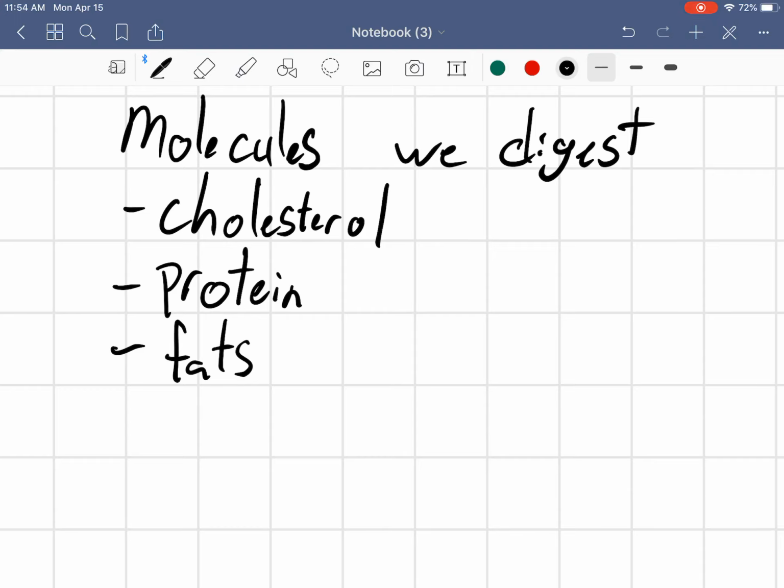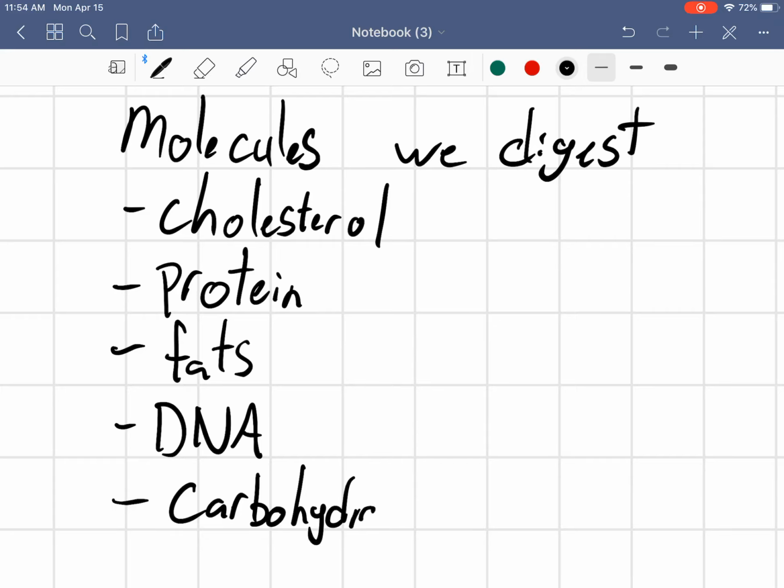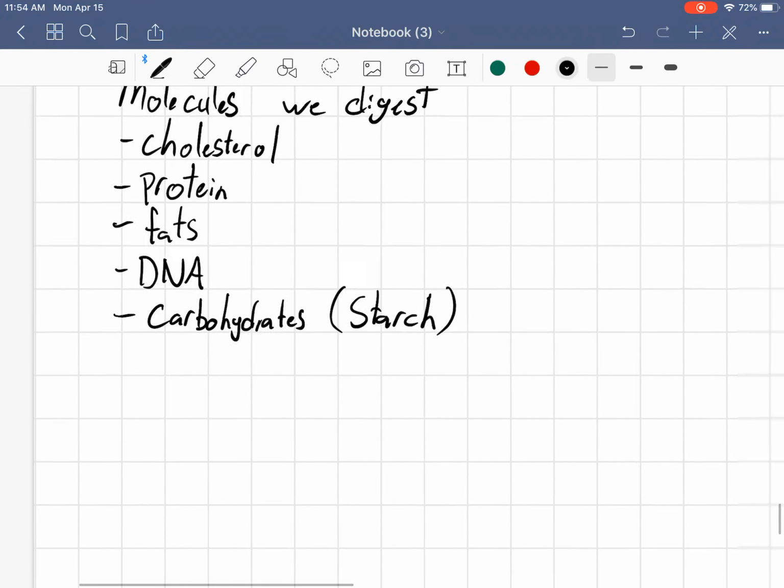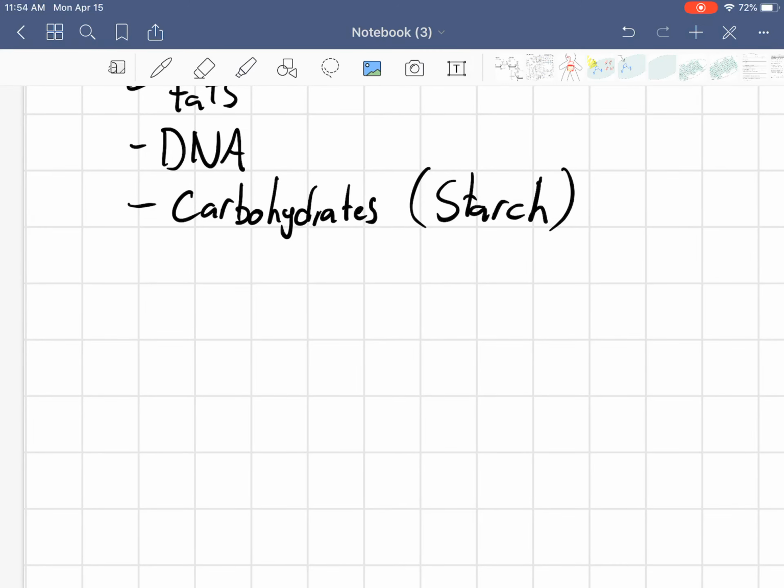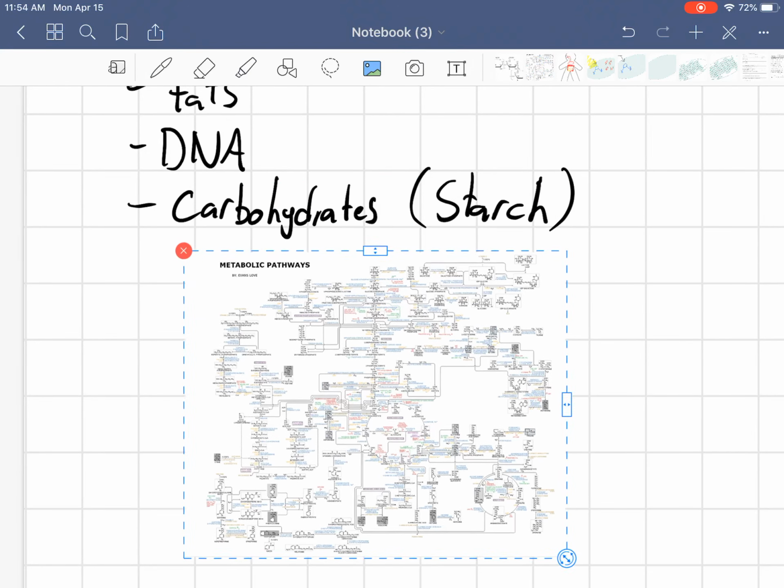And there are many others, but one interesting one is DNA. And then finally, our carbohydrates. And we want to start by looking at starch. Okay. If you remember from the other day, your carbohydrates are your sugars, such as glucose, fructose, things like that.